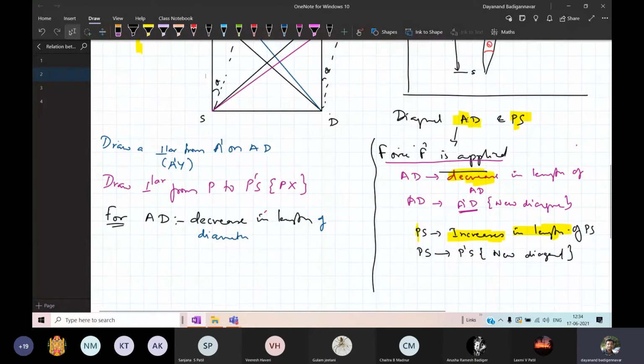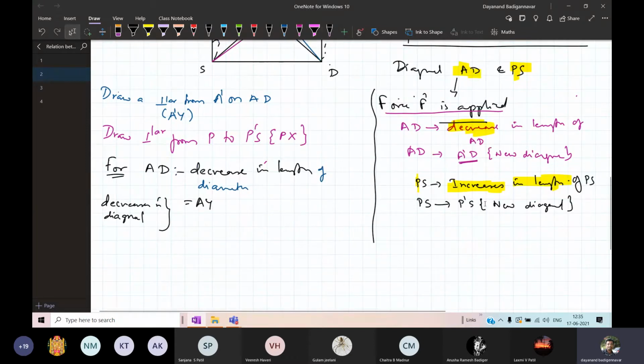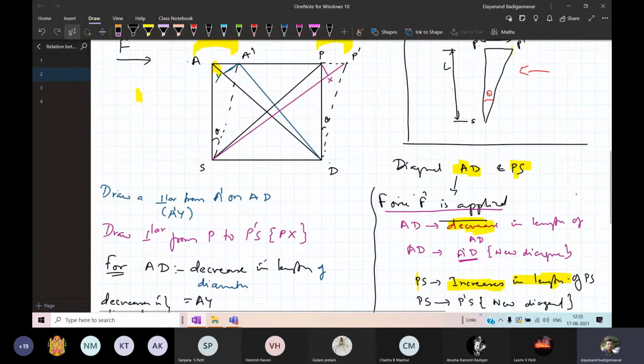Therefore, the decrease in the length of the diameter is equal to A dash Y. This much length has been decreased. Sorry, diagonal, not diameter. Again, I am saying diameter. So this is the diagonal A dash Y, and this much is the decrease.